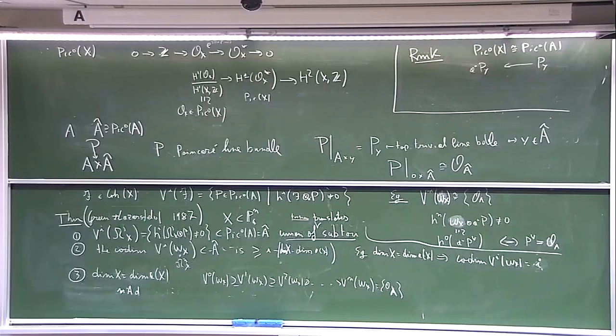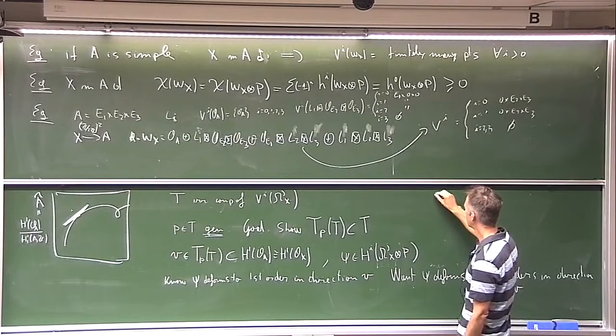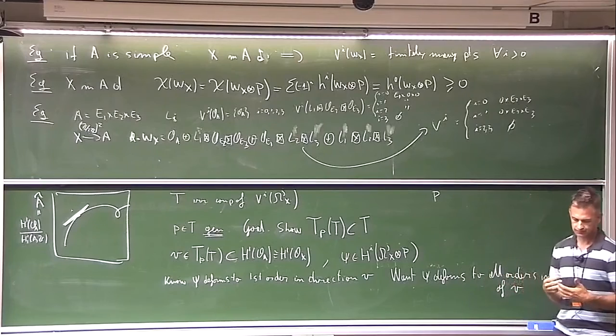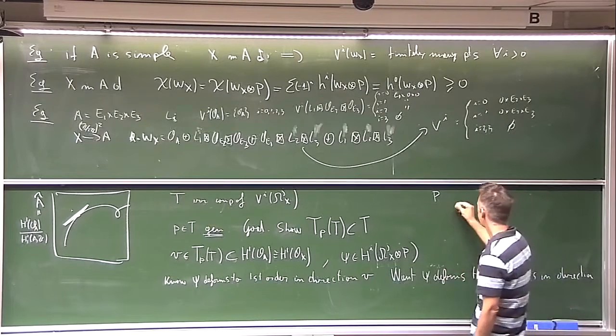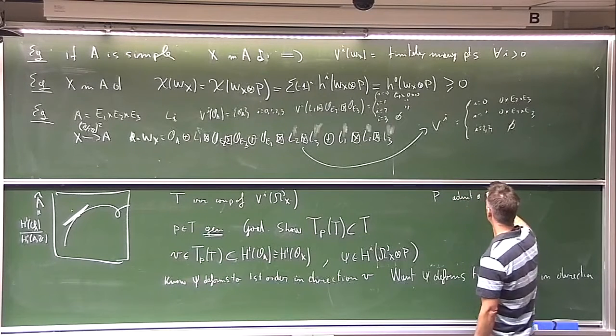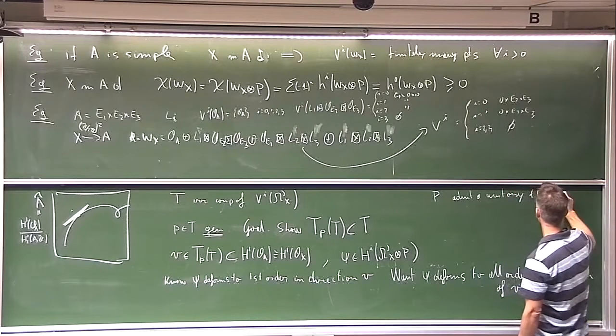You're used to seeing Hodge theory without this P here, right? However, these line bundles P also admit Hodge theory. They admit a unitary flat connection.